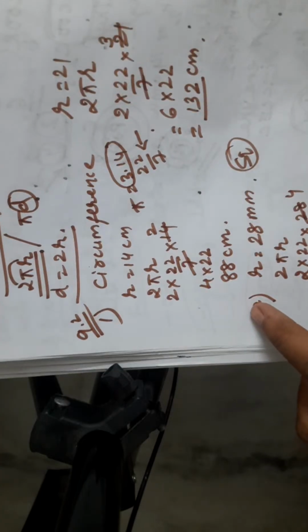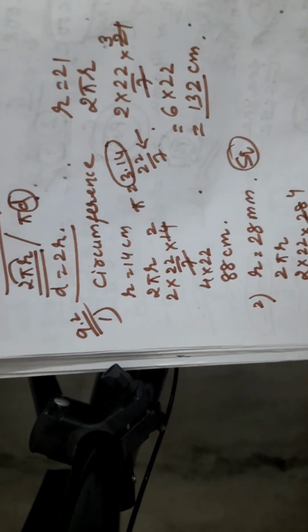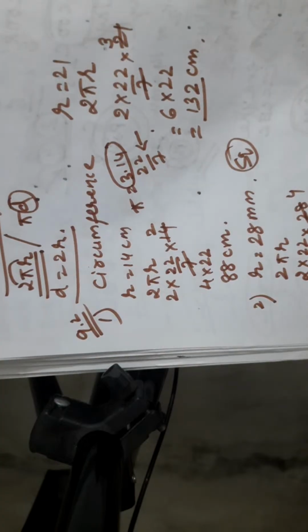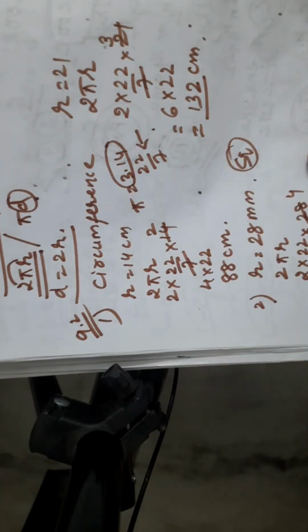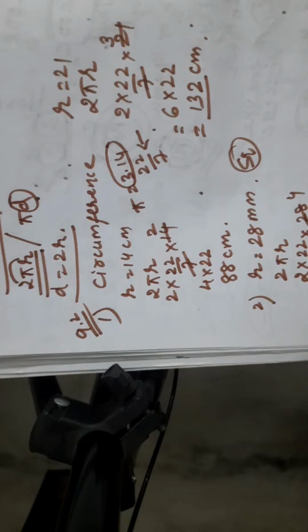So we completed circumference. As I told, circumference questions are very simple, where we need to use the 2 pi r formula only. Now let's start with area.